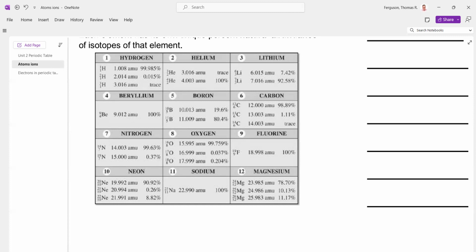That's why it's closest to 14 when you do the average. And again, we're doing a weighted average here. Another concept that incoming 1A and 2A students lack is understanding what a weighted average is. It's this percent, this percent, this percent, add them together.